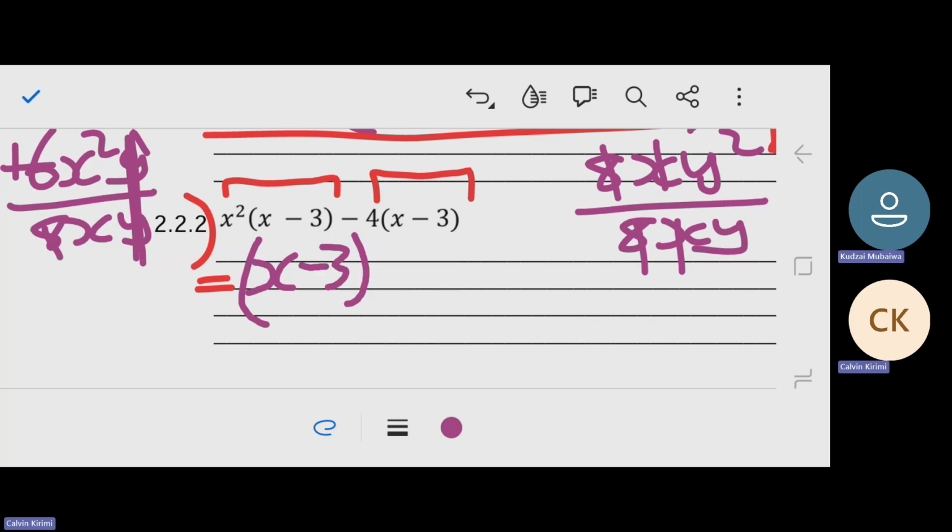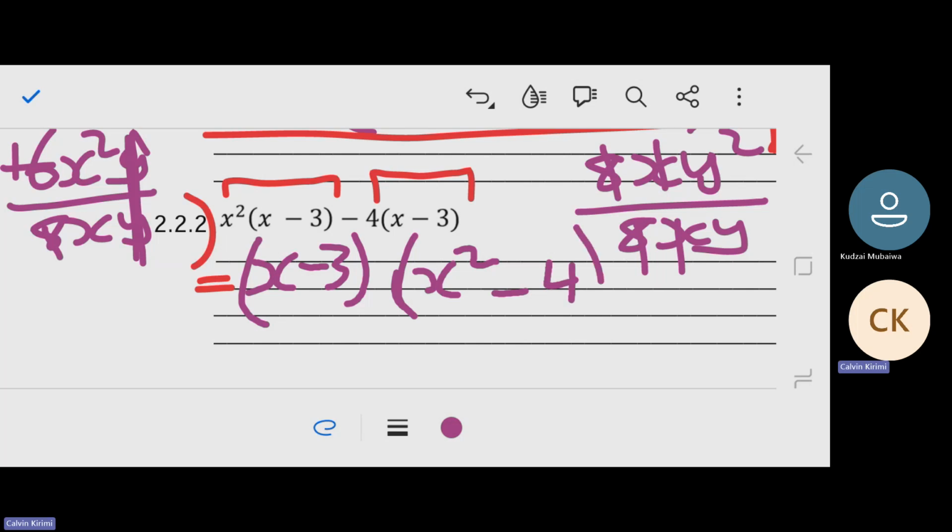We factor x minus 3. You do the same like what we're doing there. So x minus 3, bracket what? x squared. Then what? -4.